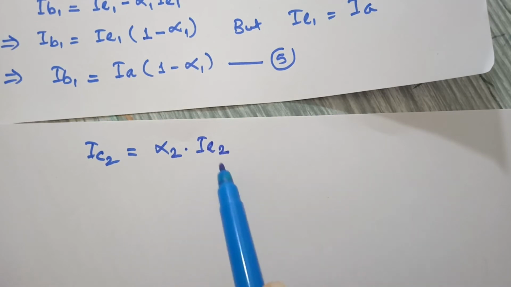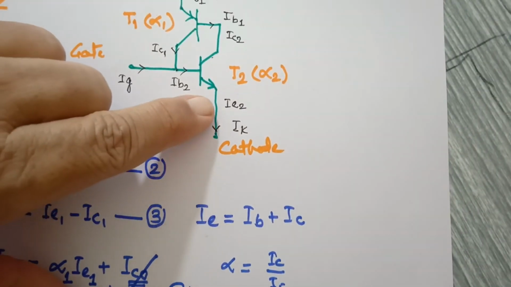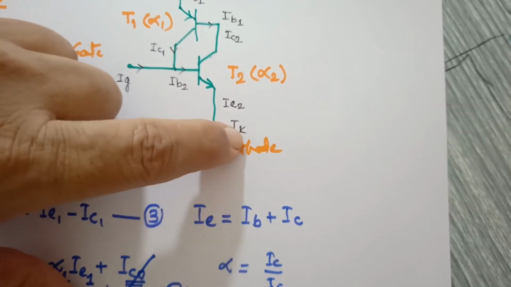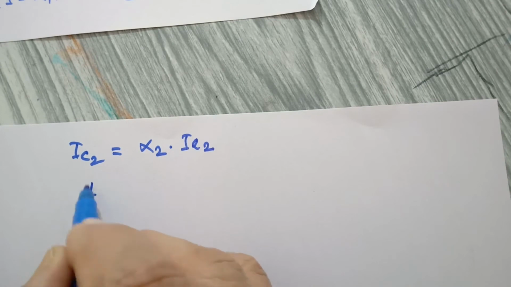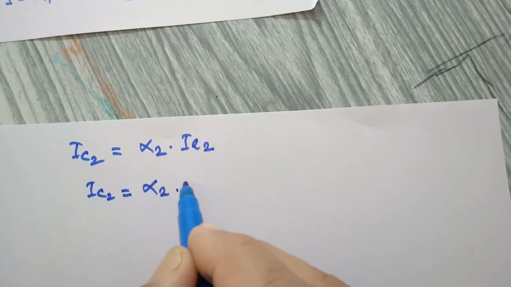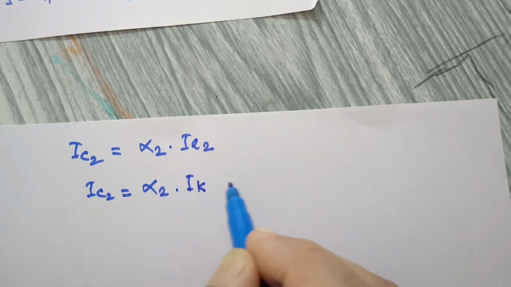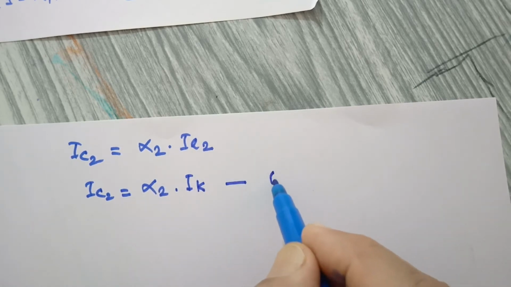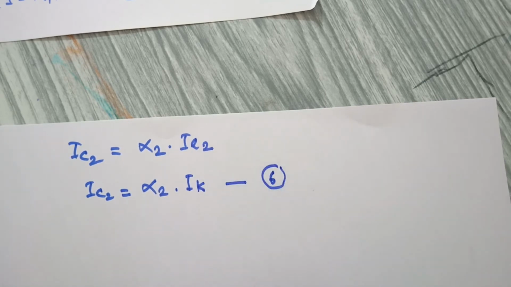But the emitter current of the second transistor, look here, is nothing but the cathode current. So I can write IC2 as alpha 2 into cathode current. So let us call this equation 6.